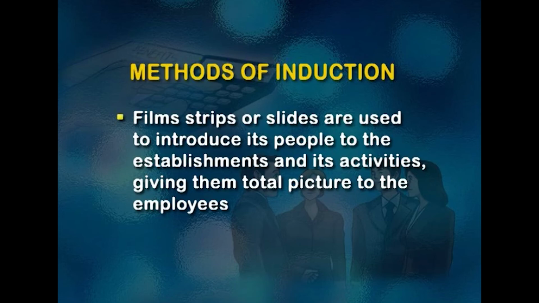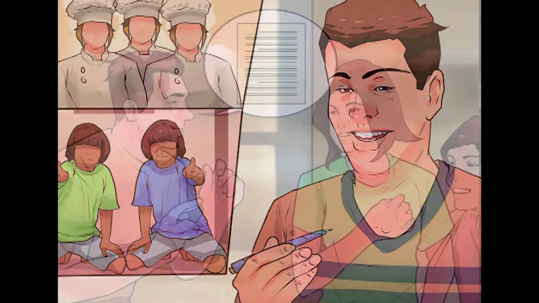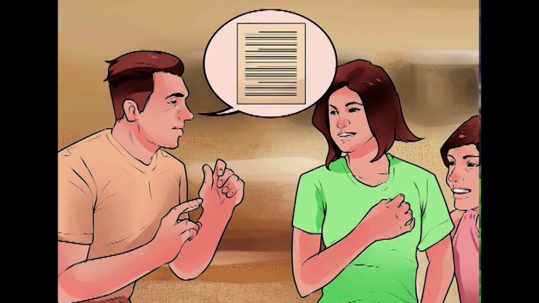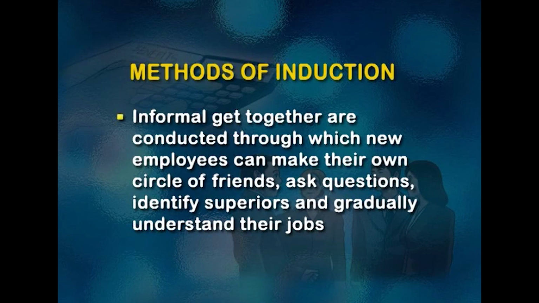The third one is demonstrations. Demonstrations are very helpful for an employee to adjust to the work environment, and experts from the fire department may be invited to speak about safety procedures and demonstrate the use of the safety devices built into the establishment. The fourth one is informal get-togethers, through which the new employees can make their own circle of friends, ask questions, identify supervisors, and gradually understand their job.